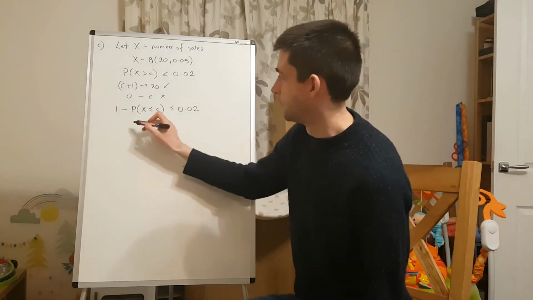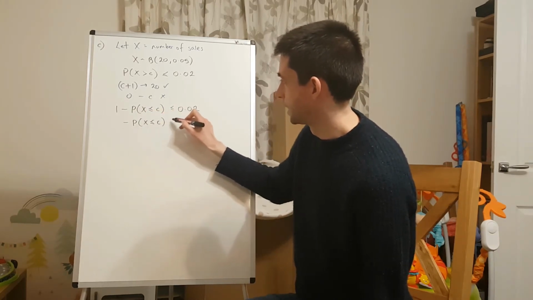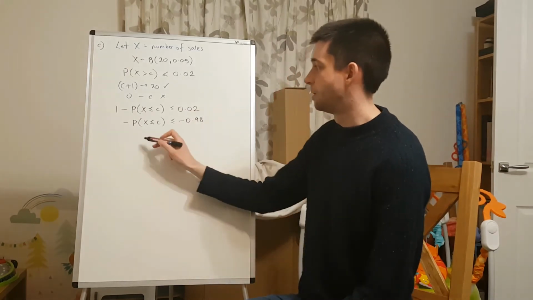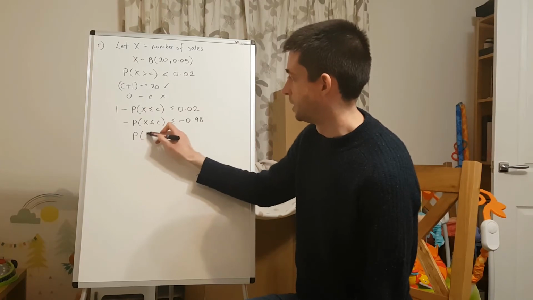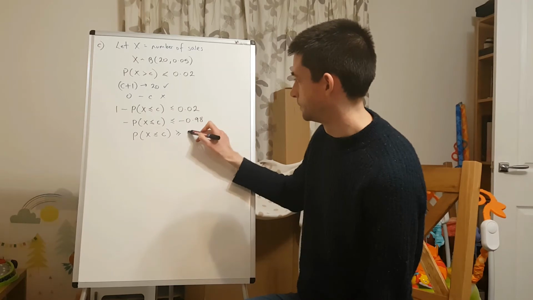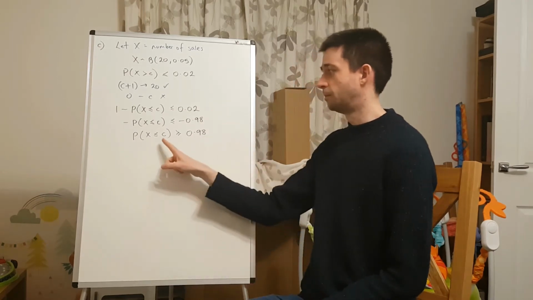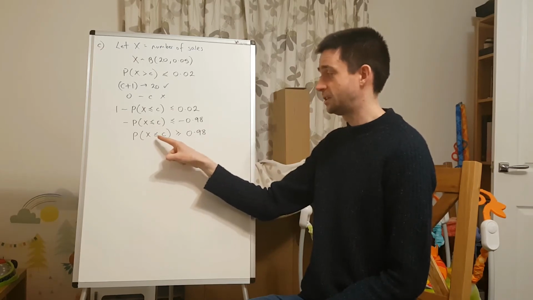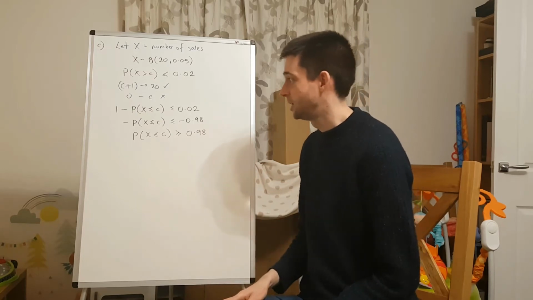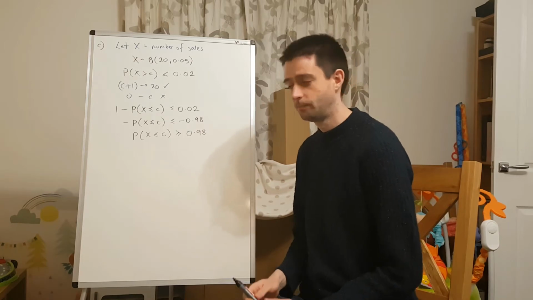I'm going to subtract the 1 from both sides, and then multiply by -1, to say that the probability of X being less than or equal to C has to be greater than or equal to 0.98, and then I need to work out what this C number actually is.